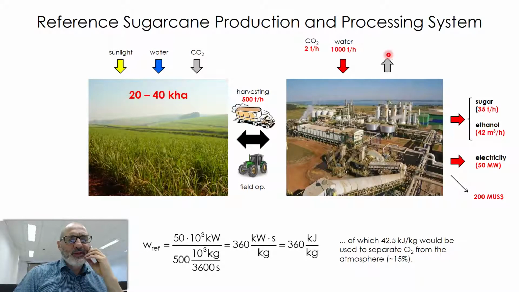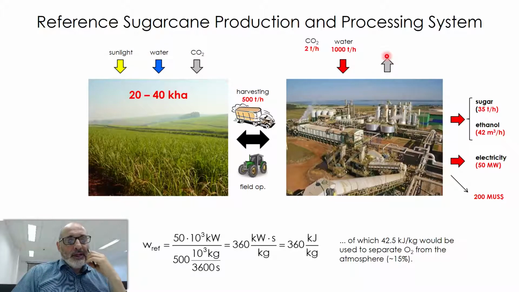There are some arrows and titles missing here, but the 2 tons per hour of CO2 is from fermentation in these vats. It's also emitting something around, I don't remember, 90 or 100 tons per hour of CO2 when we burn bagasse.